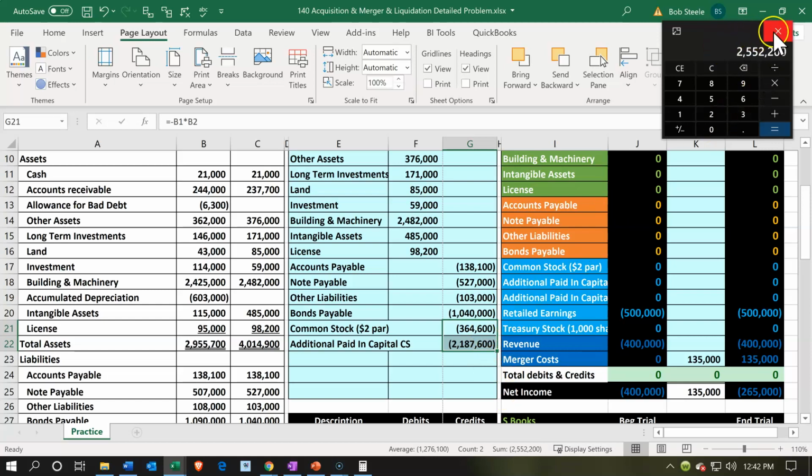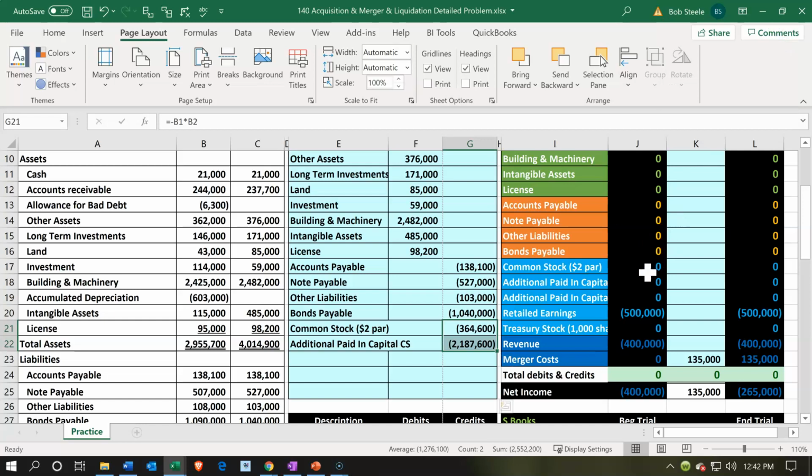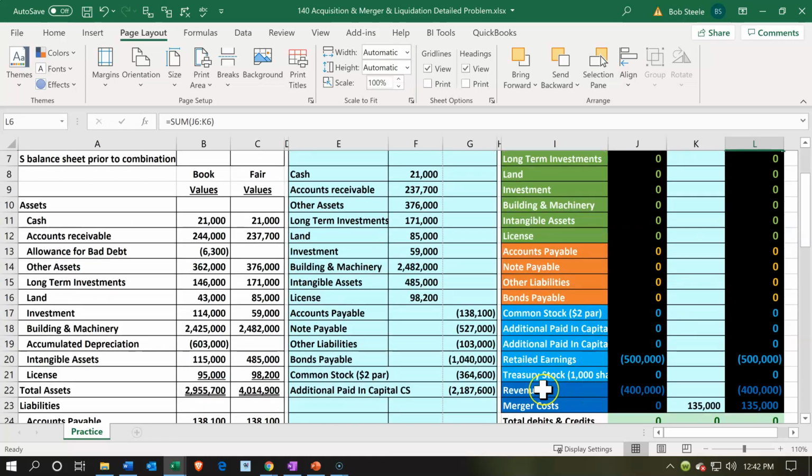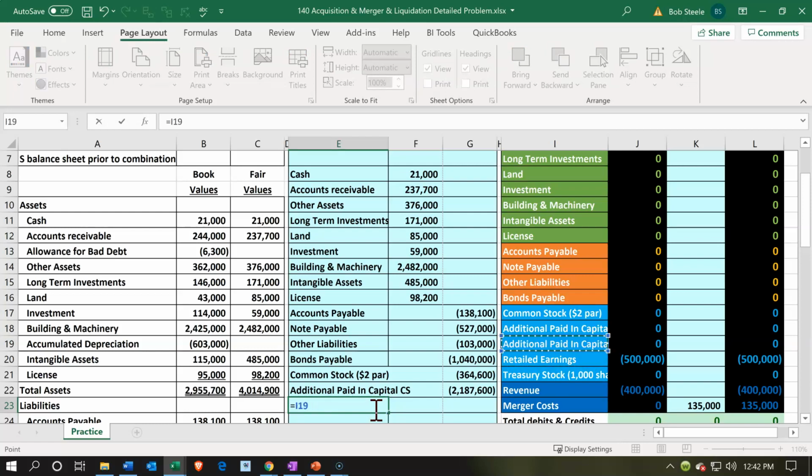Now we're not quite done because you'll recall that we also had this issuing item up top. And we said that was going to be part of the issuing cost. Now you could work this into this calculation for the additional paid in capital. I like to just do it separately. I think it's easier to see. So I'm just going to add this to the journal entry. I've got this issuance cost that needs to go down.